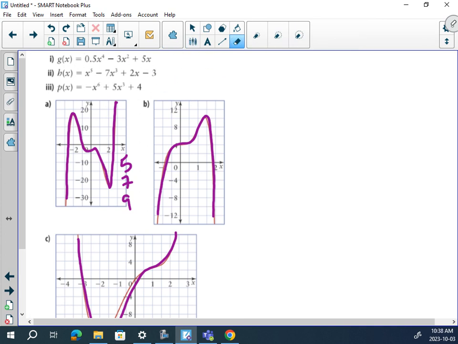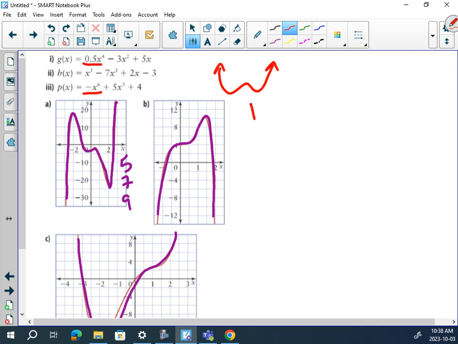The first of which is the leading coefficients in each of the two cases. In the first case, I have a 0.5, a positive number. In the second case, I have -1, a negative number. And so if I know my graphs well, I know that my fourth power looks basically like this, unless it's been flipped.